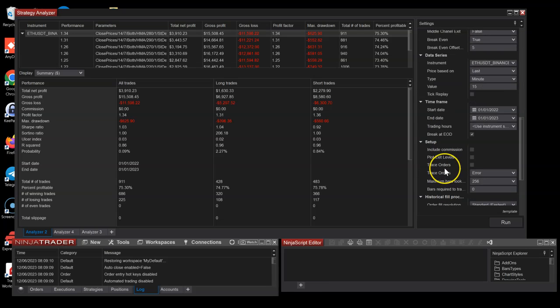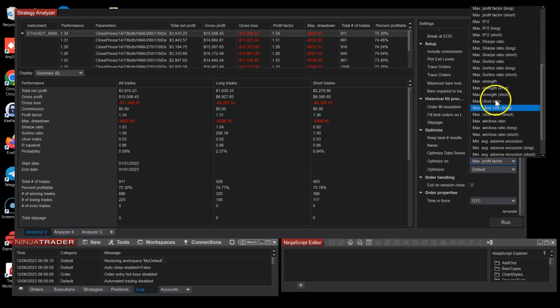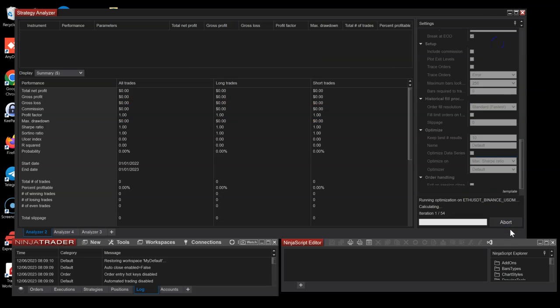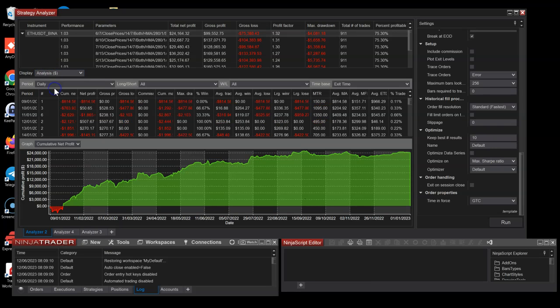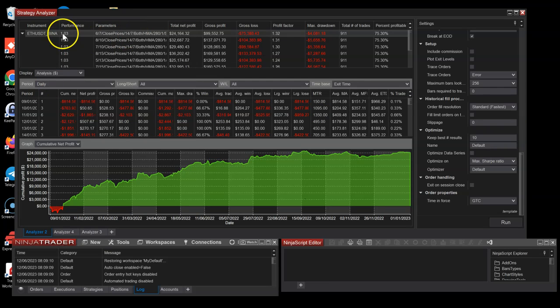And let's start with trying to maximize the, I don't know, the Sharpe. So what is it saying? 6 and 7 for the best Sharpe of 1.03.